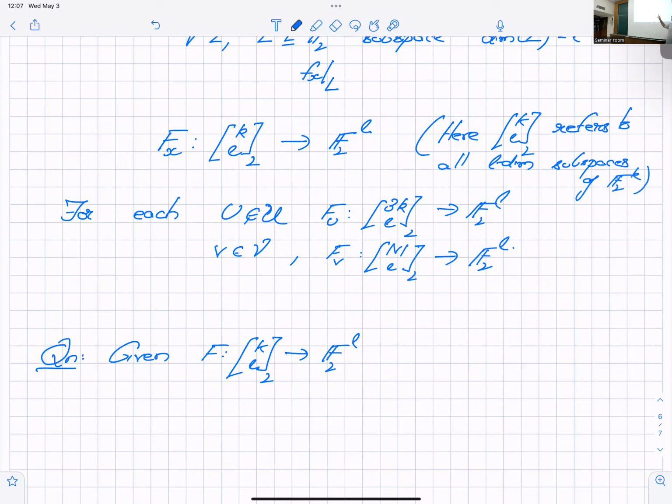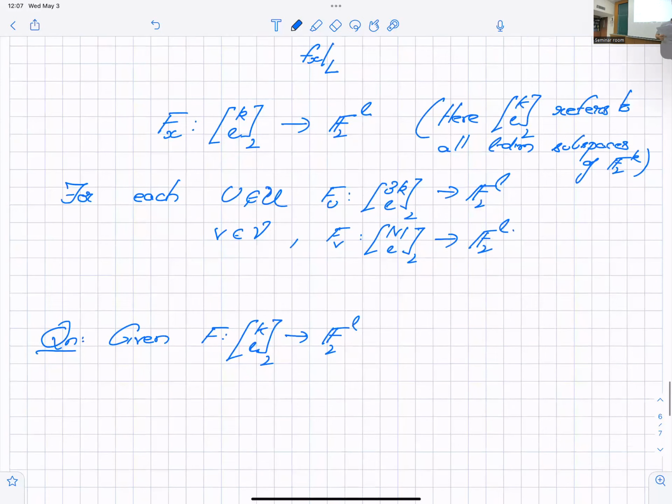Technically speaking, it refers to the number of L-dimensional subspaces, but that's an indexing way of doing it here.